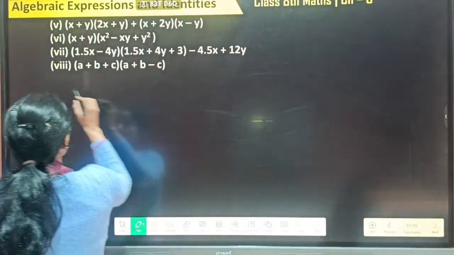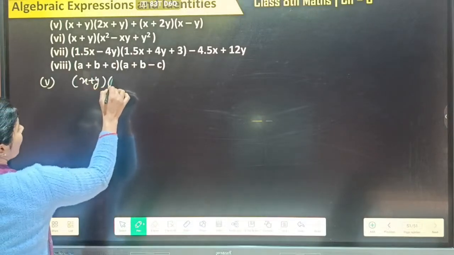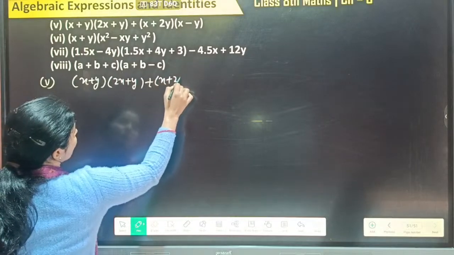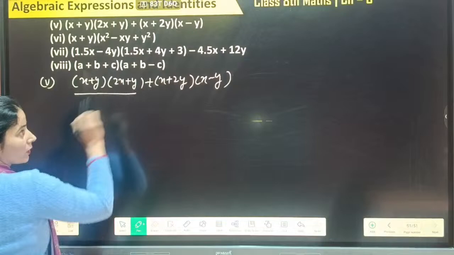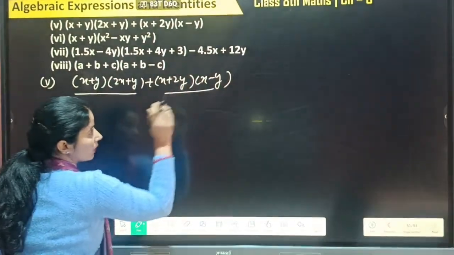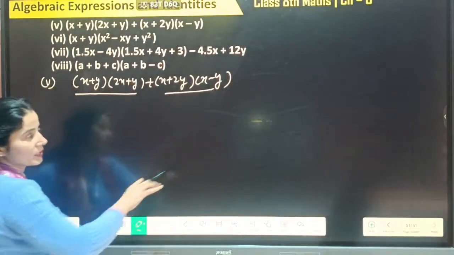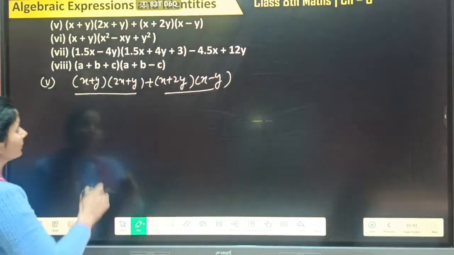In the fifth part, (x plus y)(2x plus y) plus (x plus 2y)(x minus 2y). There are two binomials and there are also two binomials. These two binomials I will multiply, and these two binomials I will multiply further, and I will add these products.